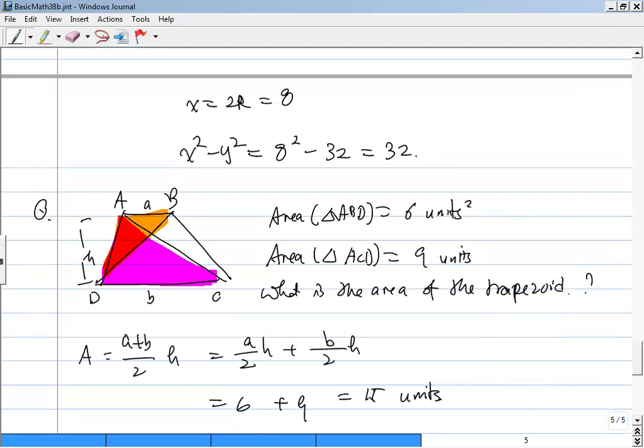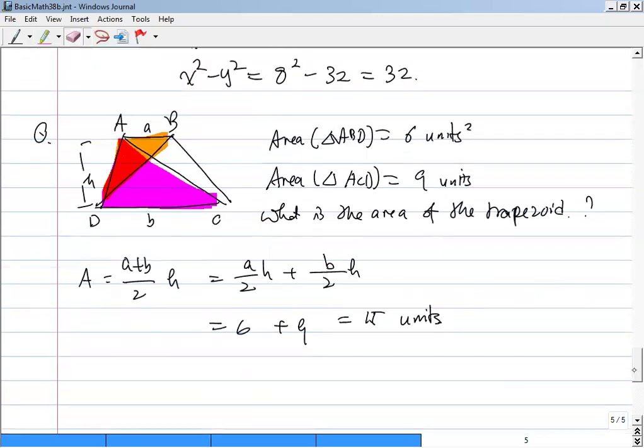Because the triangle, here's the key point: the area of the triangle ACD and the area of the triangle BCD are the other side, so BCD and ABD put together form a trapezoid.